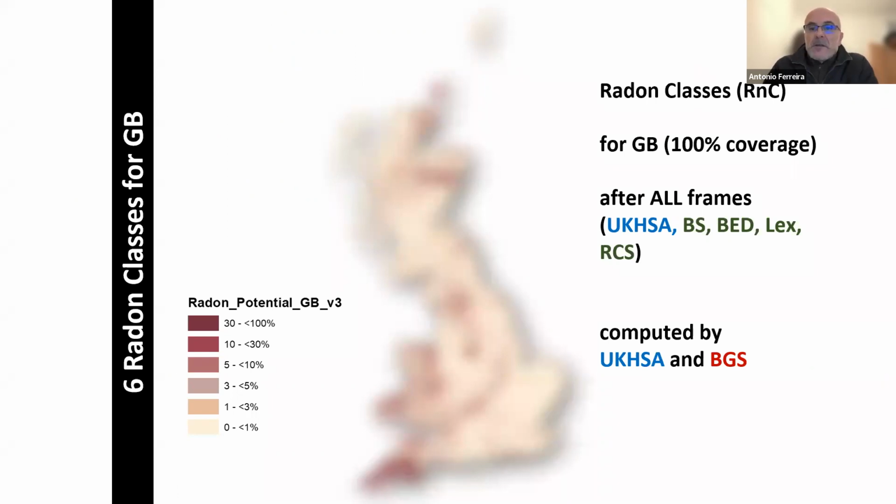Then we split the radon potential in 6 radon classes, and then we add a buffer of 25 meters to the higher classes over the lower classes, and choose a color palette to show the final radon map.